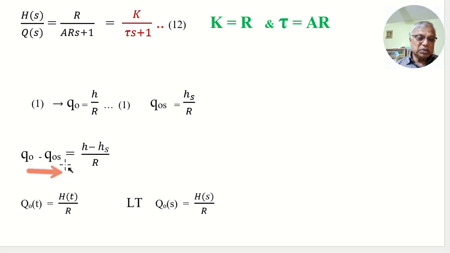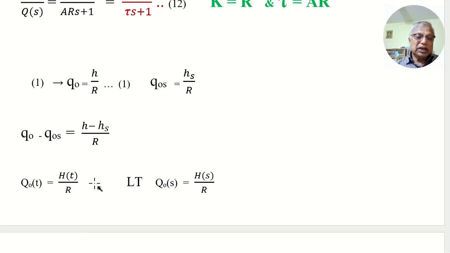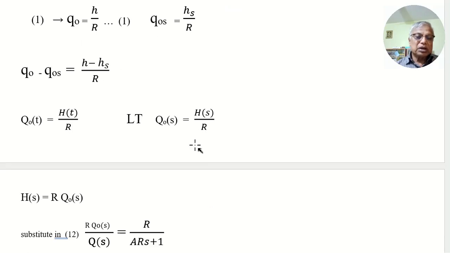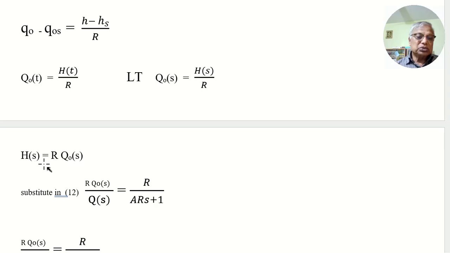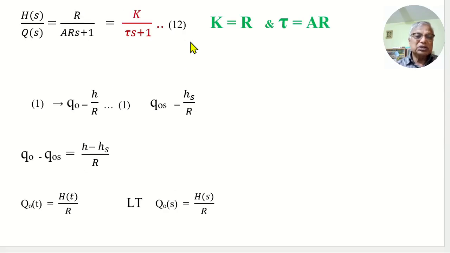Q naught minus Q naught S is capital Q naught and this is capital H. Now take Laplace transform of this, you get Q naught s equal to Hs by R, or Hs equal to R into Q naught s.